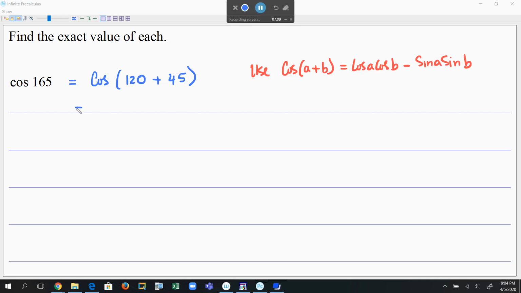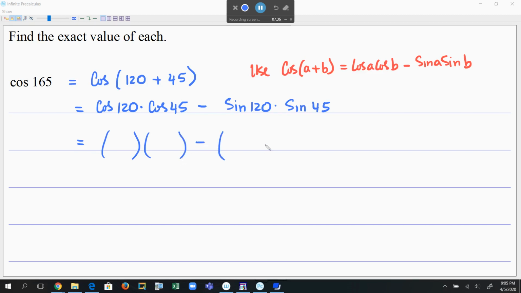That gives us cosine of 120 times cosine 45 minus sine 120 times sine of 45. Now I'm going to substitute the values of cosine 120, cosine 45, sine 120, and sine 45.